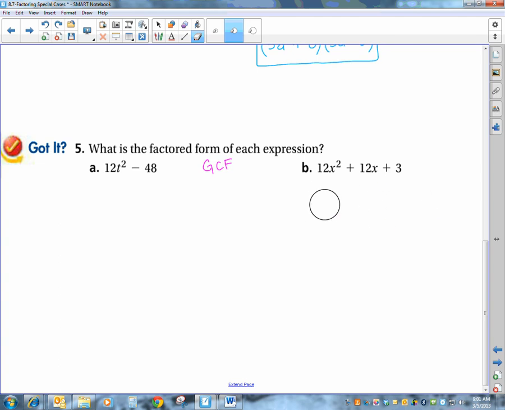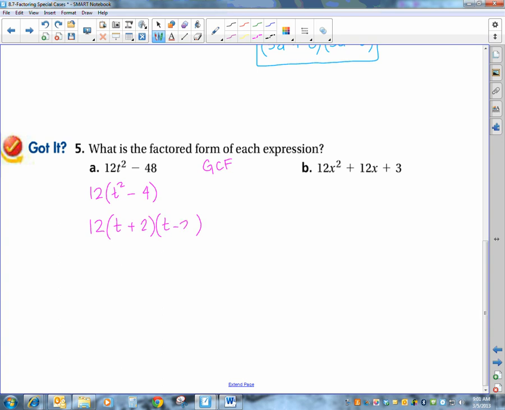So my GCF in each of these cases, what number goes into both of these, I think 12 goes into both of these, so that gives me 12 times t squared minus 4, and there are my two terms which factor into two factors, because that's a perfect square and that's a perfect square, and I have subtraction. So the square root of t squared is t, the square root of 4 is 2, gives me t plus 2, t minus 2.